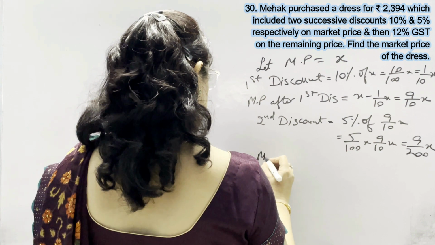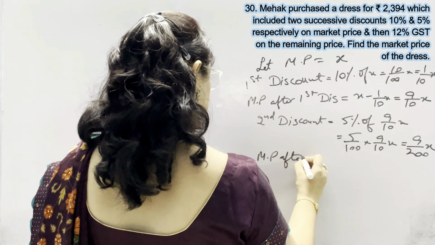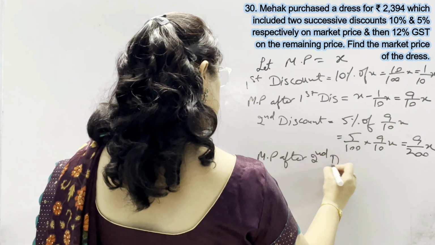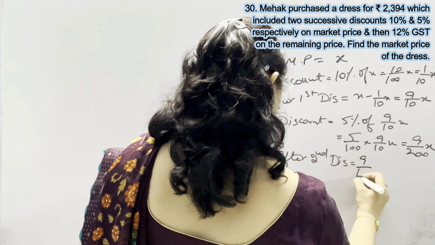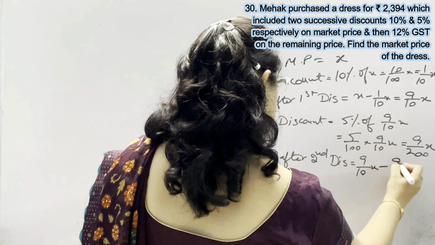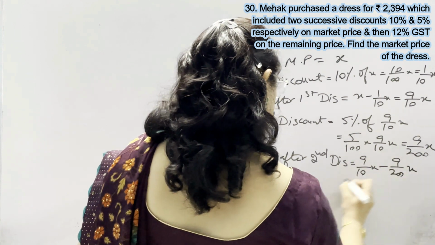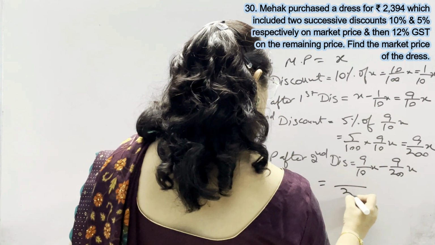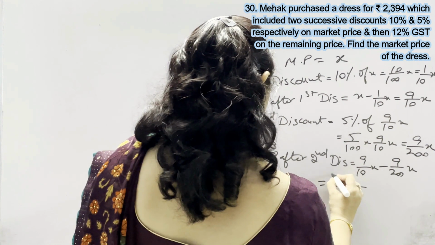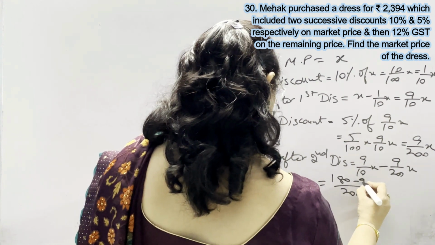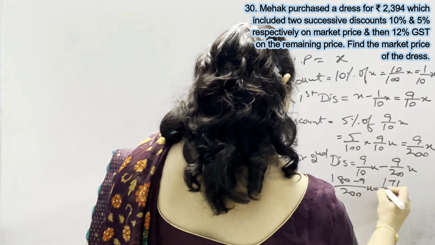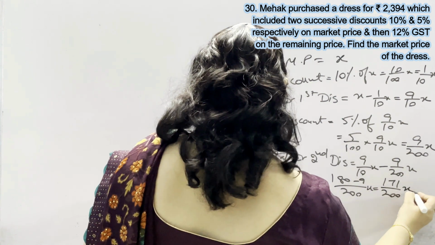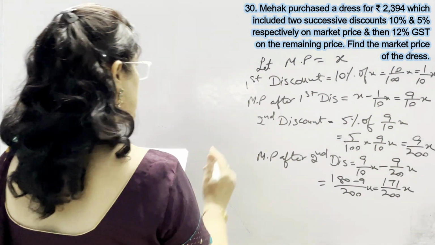So price after second discount is equal to 9 upon 10x minus 9 upon 200x. Taking LCM, 200, 180 minus 9 in the numerator, and its value is 171 upon 200x.